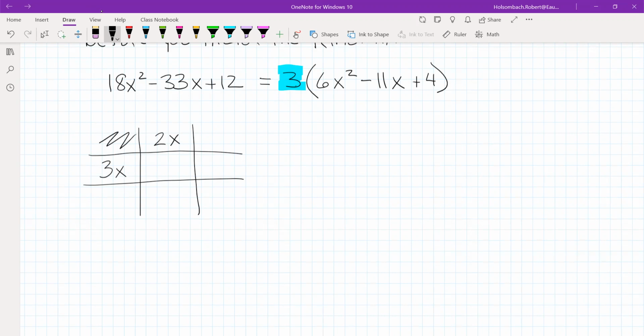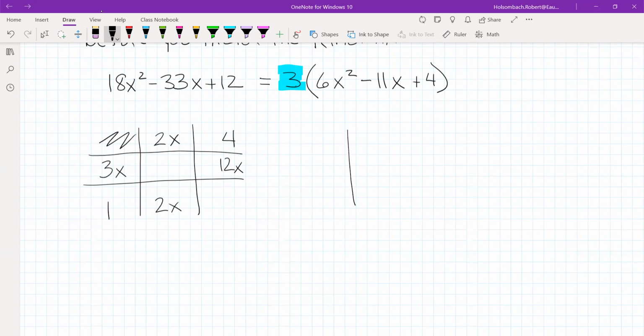What about 4 and 1? A 4 and a 1. That gives me 3 times 4 is 12x. 2x times 1 is 2x. I can't get to an 11 with those two, can I?